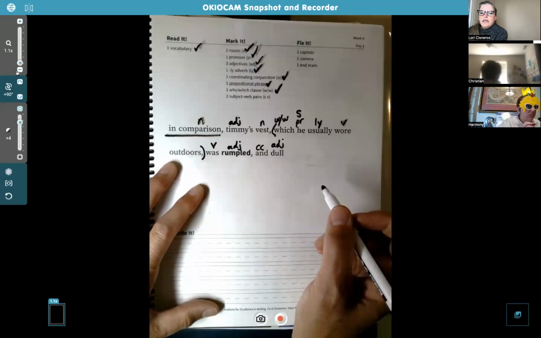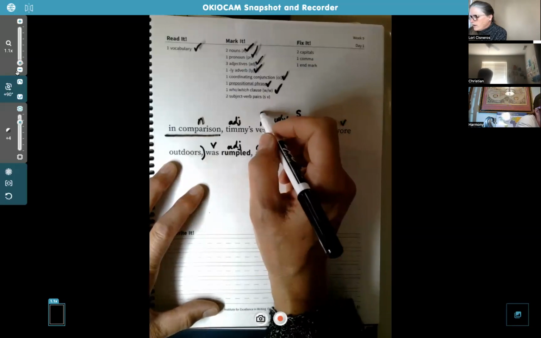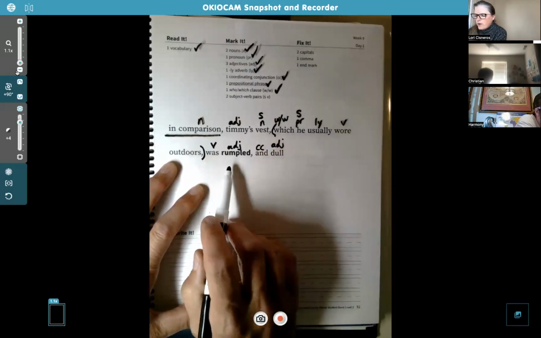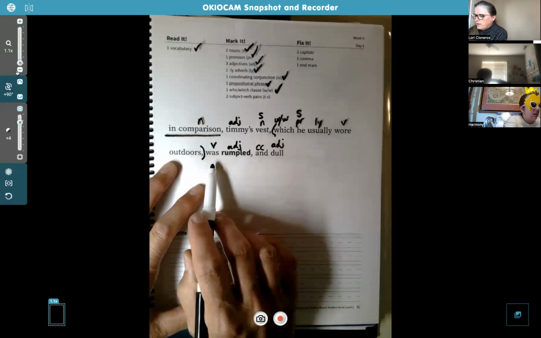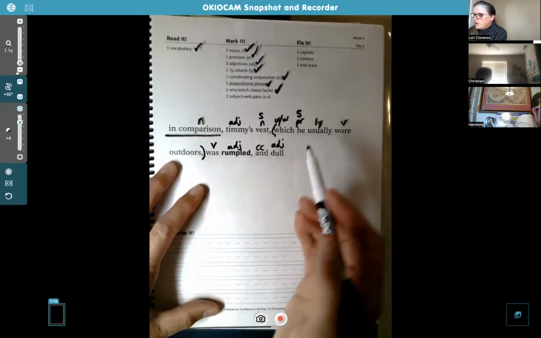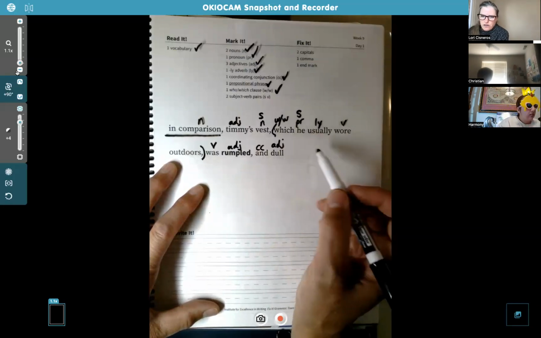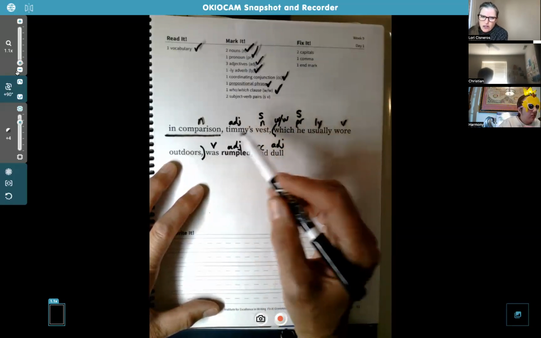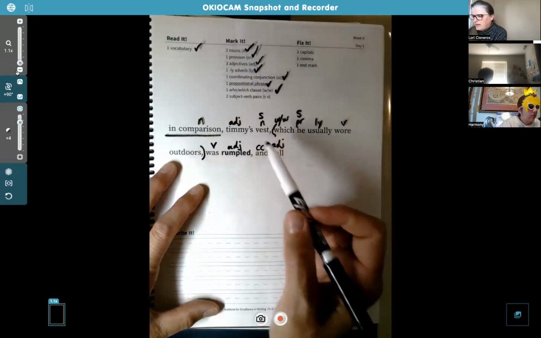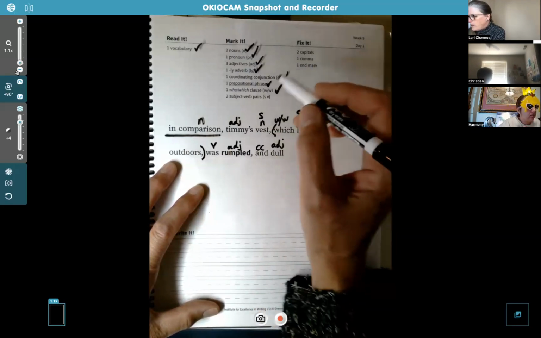Vest. Yeah, good. Vest. There you go. You got it. The vest was rumpled and dull. So that is the other subject. So remember, the which clause has its own subject and verb pair. And then the main clause, which is around that, also has its own subject and verb pair.